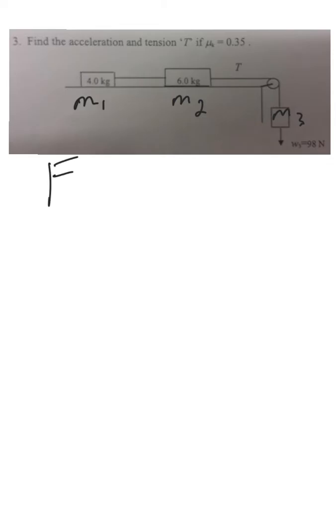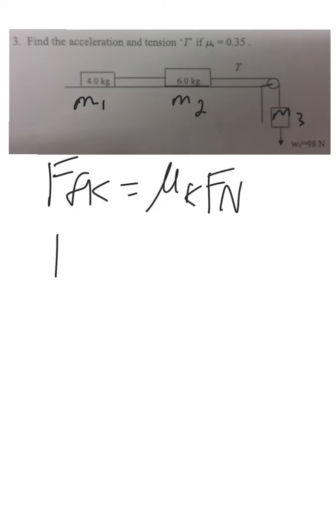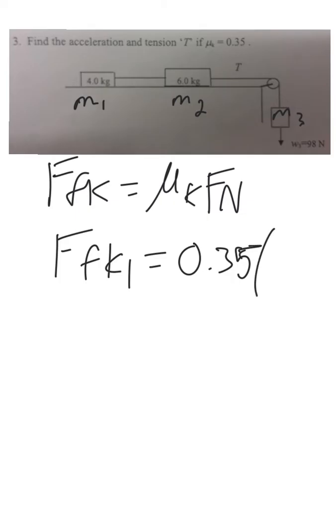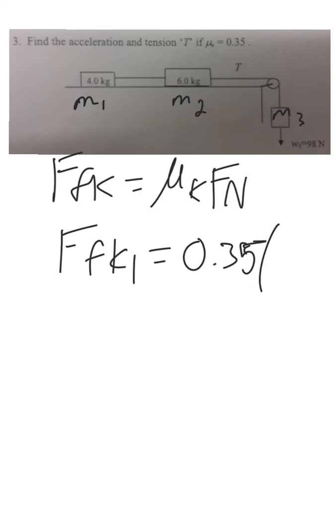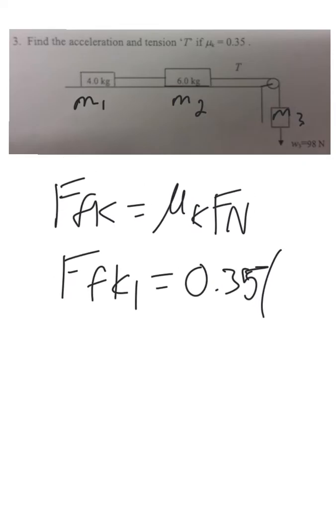So the force of friction kinetic is equal to the coefficient of kinetic friction times the normal force, right? So the force of friction kinetic for the first one is going to equal 0.35 times the normal force, which is going to be 39.2 here.